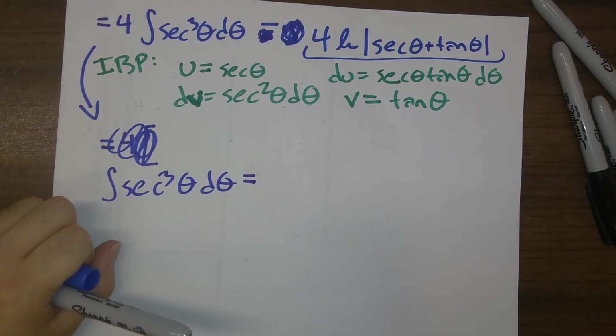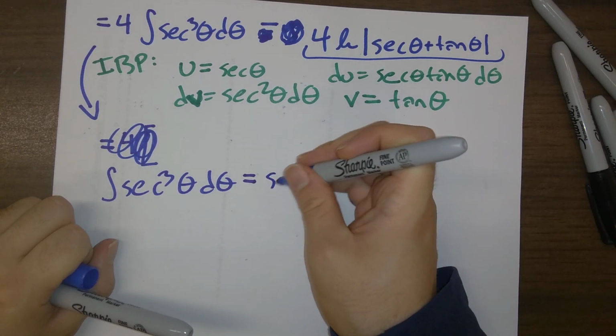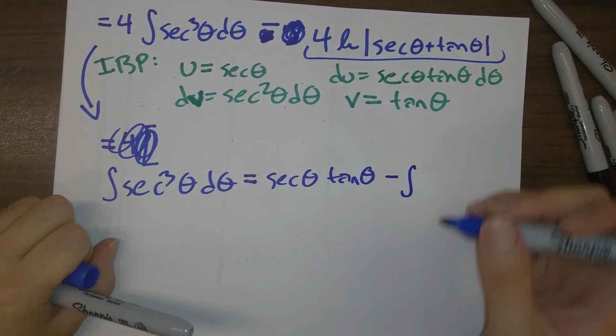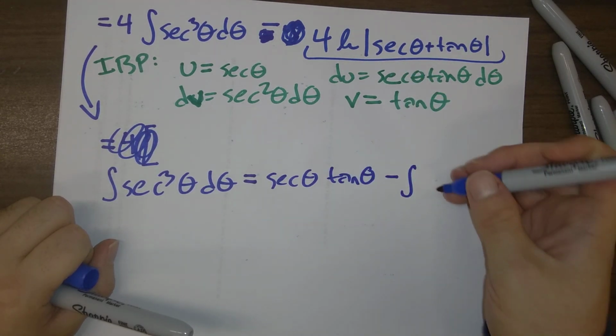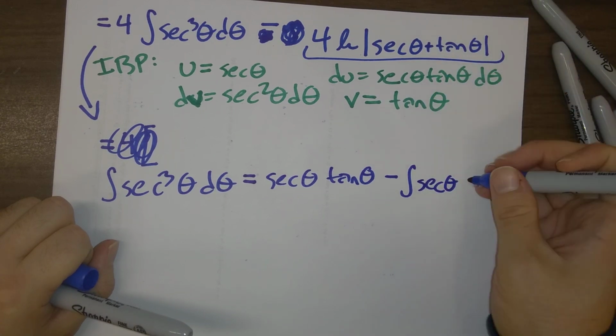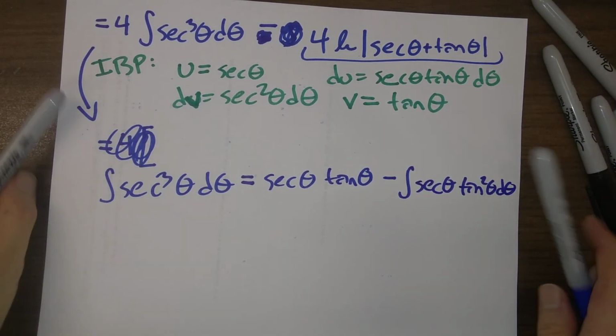This is our goal. Okay, so u times v is secant theta times tangent theta minus the integral of v du, minus the integral of secant theta times 2 copies of tangent theta d theta.